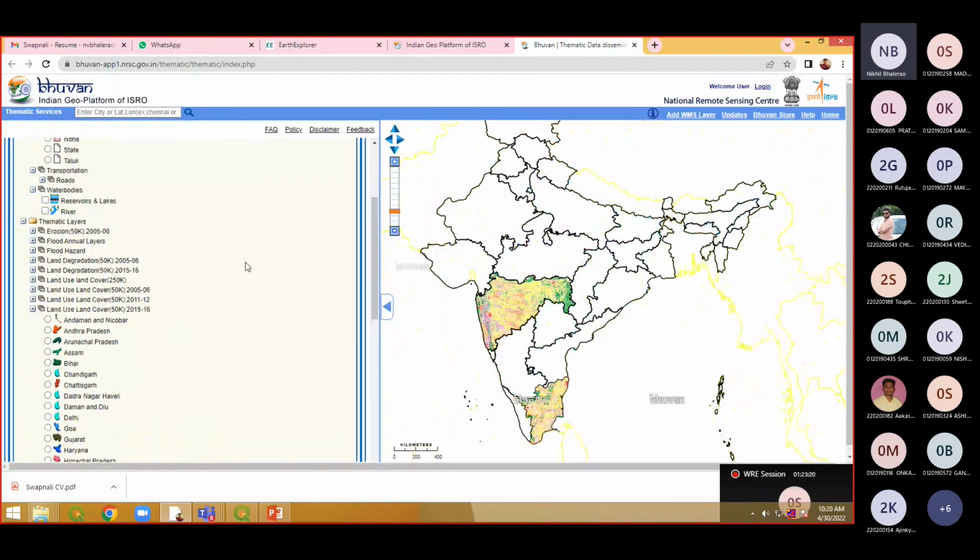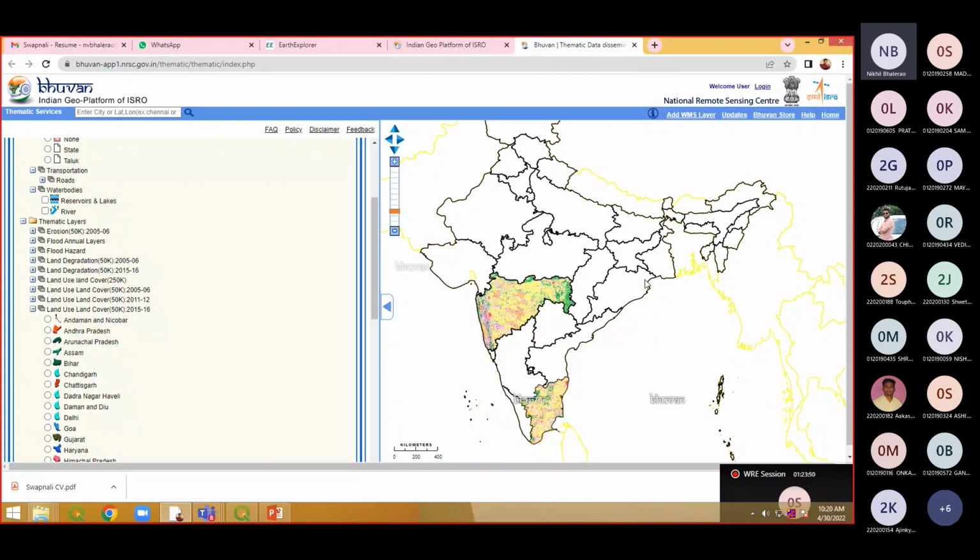If you compare with your mobile camera, the VGA cam and the 21 megapixel or 164 megapixel cam, you can compare the image resolutions. The VGA quality image is what is available free of cost, and if you want higher resolution images, you need to purchase them. That is about the free data sources which are available.